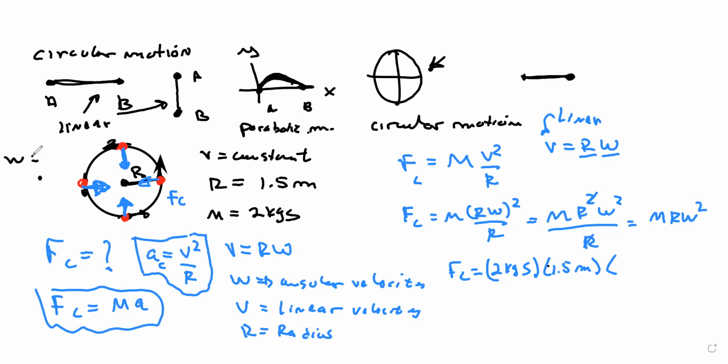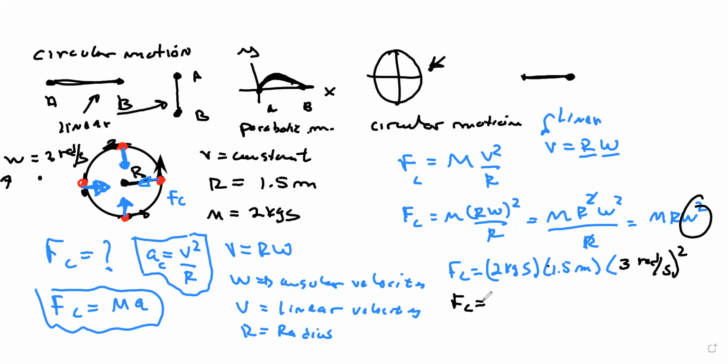Omega is the angular velocity, and in this case, it's going to be 3 radians per second. So remember that omega is the angular velocity, and the angular velocity is 3 radians per second. But you have to square this because the formula says you have to square it.